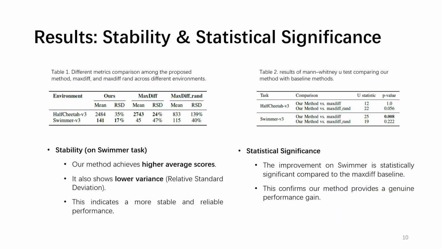To further validate these findings, we analyzed the stability and the statistical significance. So looking at the tables, if we focus on the Swimmer task, we can see two things. First, in Table 1, our method not only has a higher mean reward, but also a much lower relative standard deviation, indicating a more stable and reliable performance.